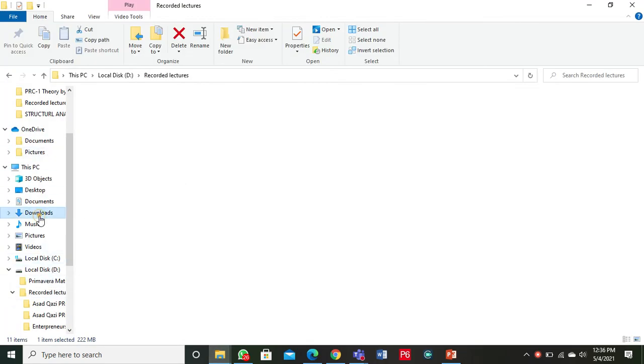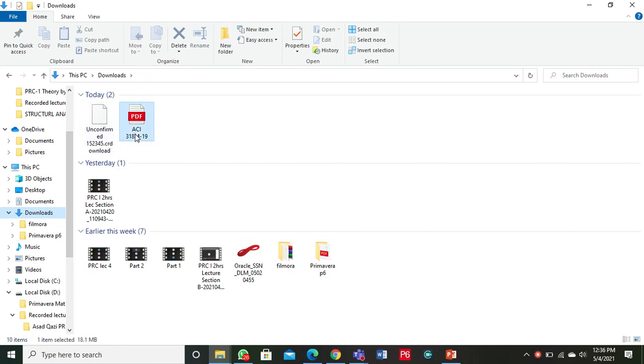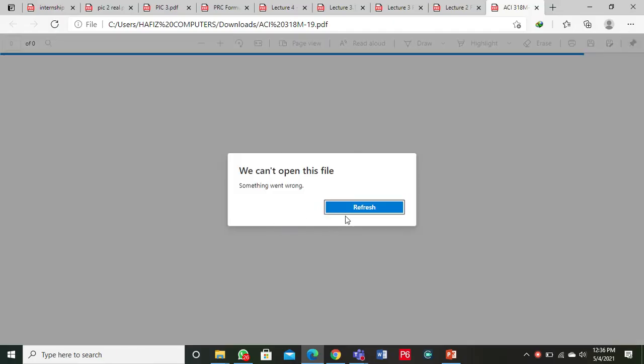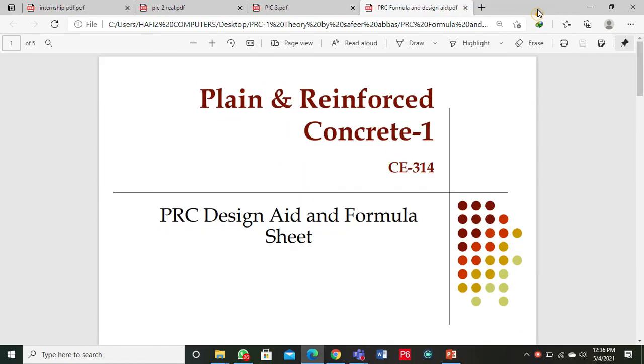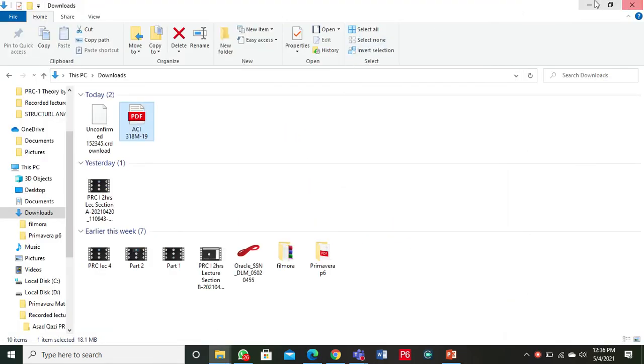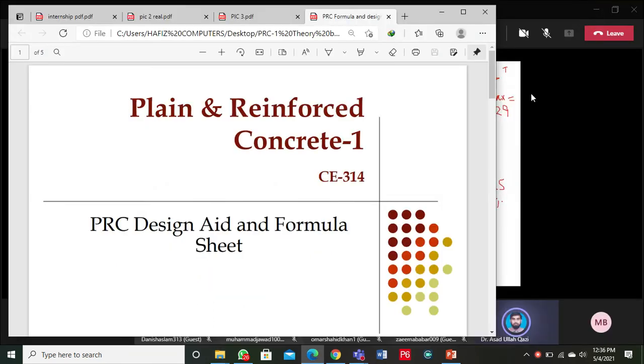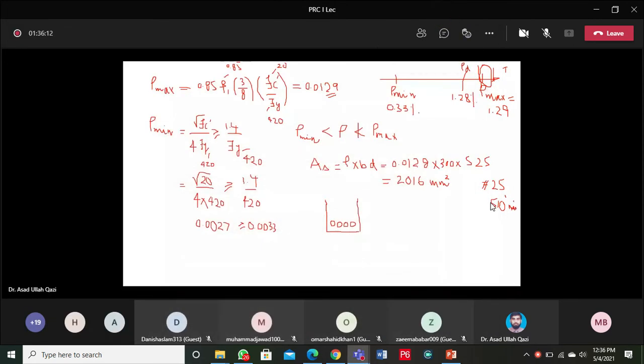For example, what is the nominal area of number 25 US customary bar? Its area is 510 millimeter square. Are you there?